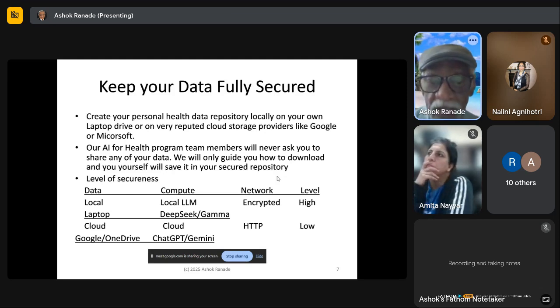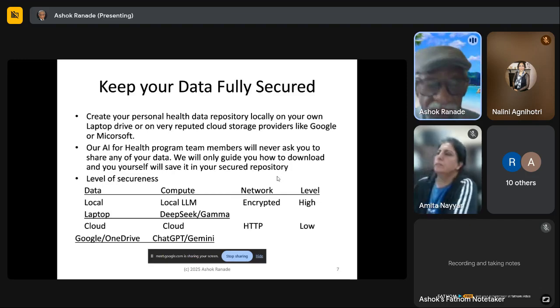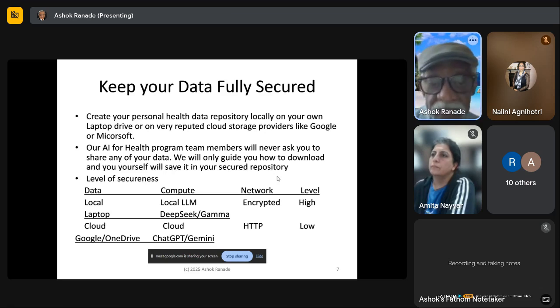For the compute part, if you are extremely concerned about security, you can use a local LLM like the Chinese DeepSeek, which became very famous. There are so many versions of open source LLMs which you can install on your own machine.